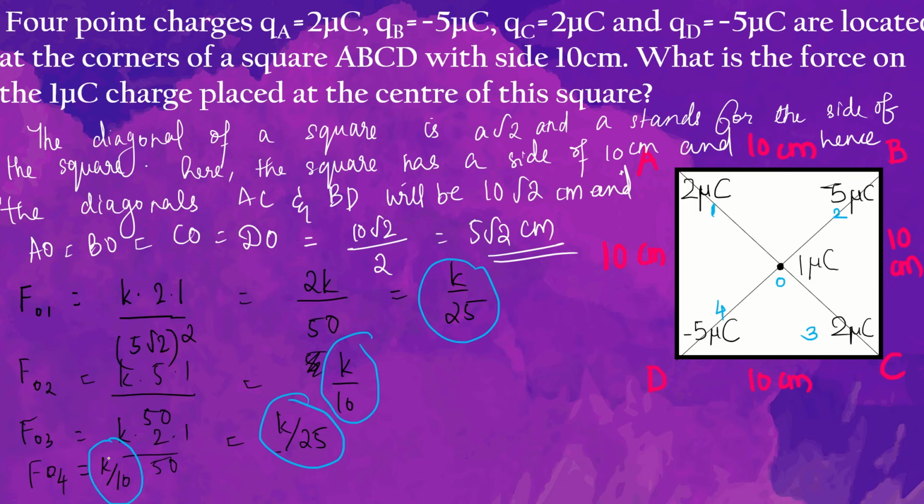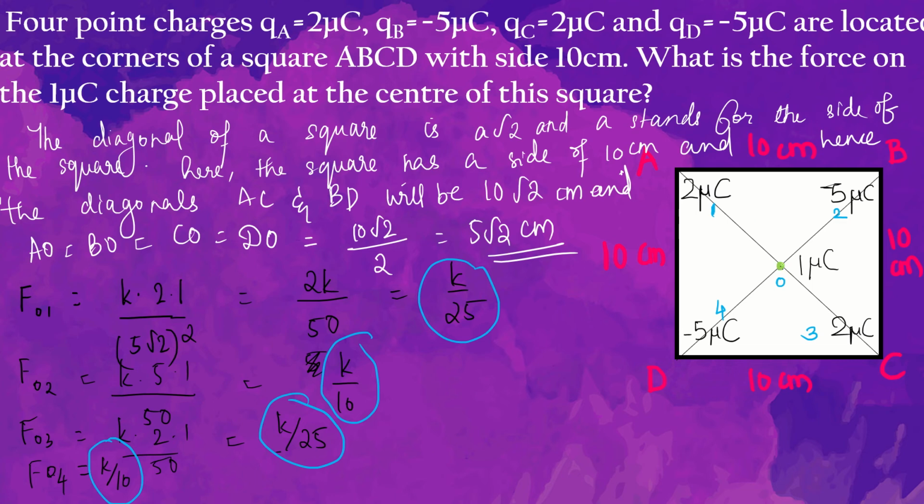Are their directions the same too? We will check it. F01: 2 microcoulomb and 1 microcoulomb, both of these are positive charges. That is, they are like charges. Like charges repel each other.